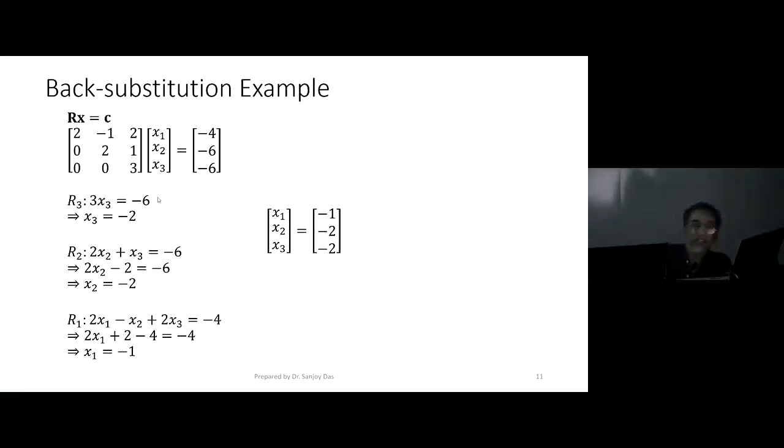You can easily write an algorithm for back substitution. And this is also the reason why inverting a lower triangular matrix or an upper triangular matrix is an easy task. Computationally, it's simpler than inverting a full matrix. Any questions with this?